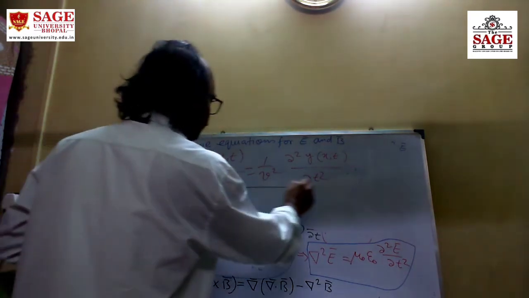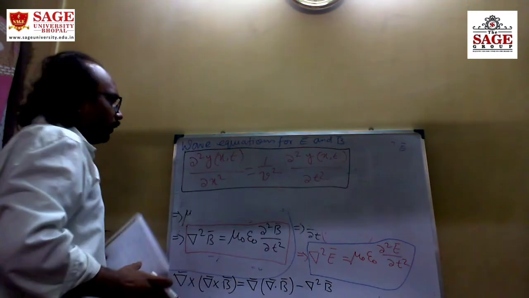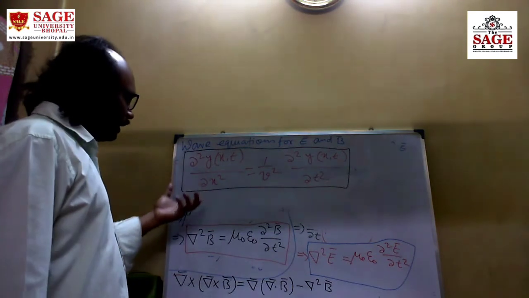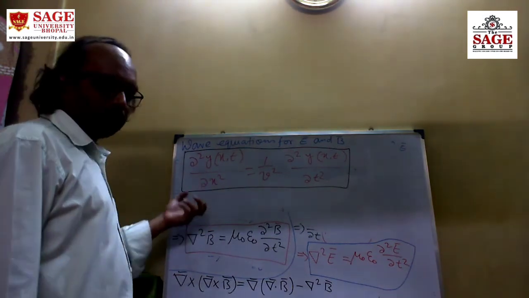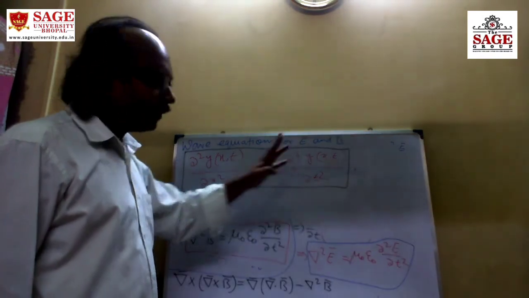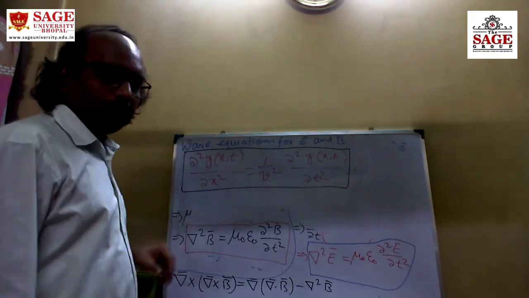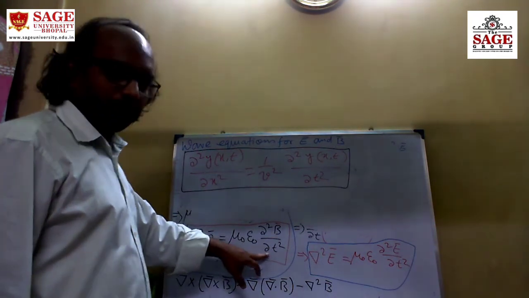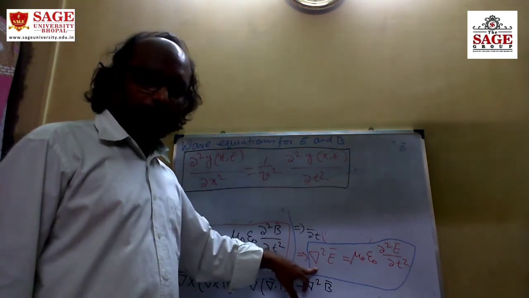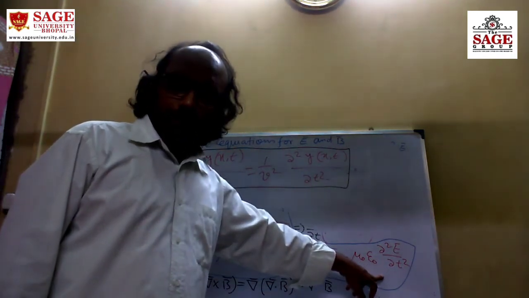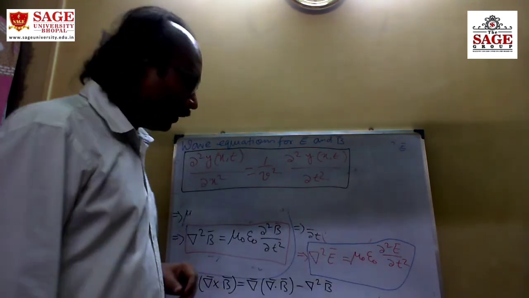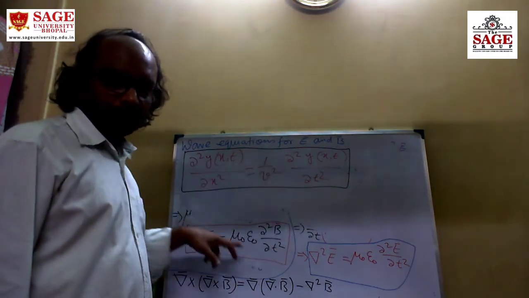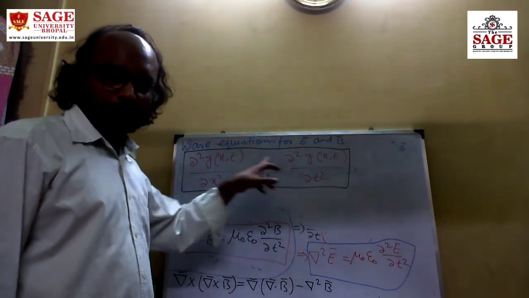This is the classical wave equation, with solution y equal to say cos of kx minus omega t, a travelling wave. The left hand side is the derivative with respect to space, the right hand side is the derivative with respect to t, and both are second order. Similarly, here we see the space derivative for the electric field, the time derivative on the right hand side, and both are second order. So all are following the same wave equation.